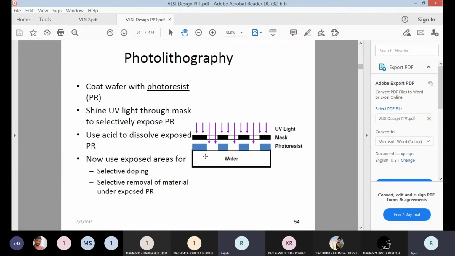Okay, so now we'll go for electrical properties of MOSFET.